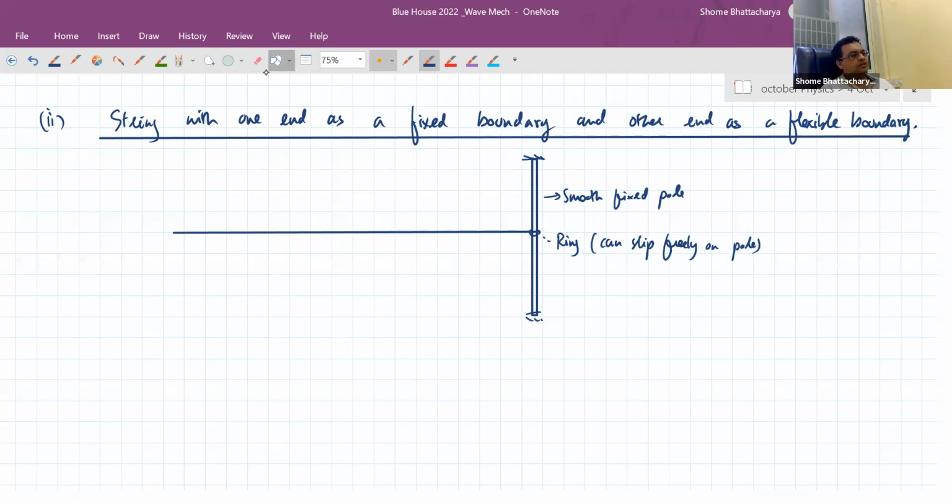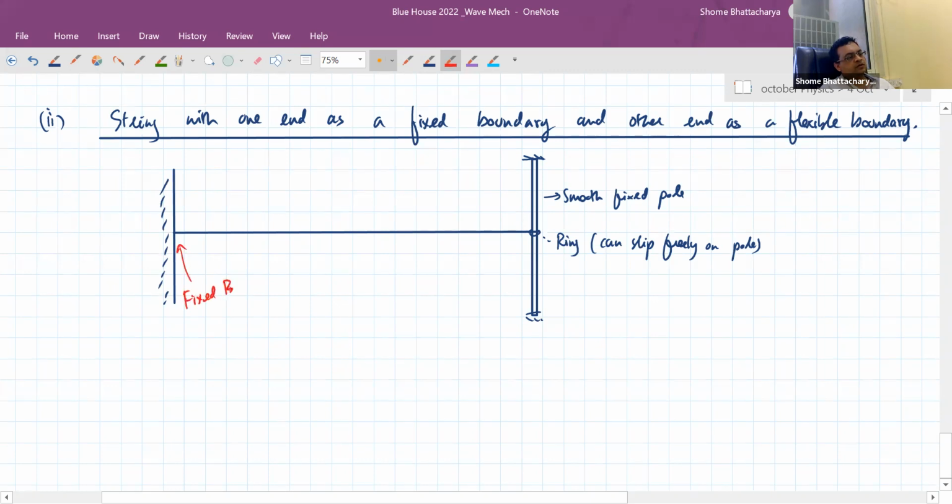Whereas the other end of the string is fixed to a rigid wall. So this end of the string becomes a fixed boundary, a node in any vibrational pattern, whereas this end acts like a flexible boundary, an anti-node.